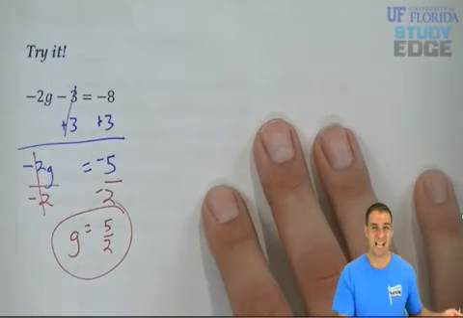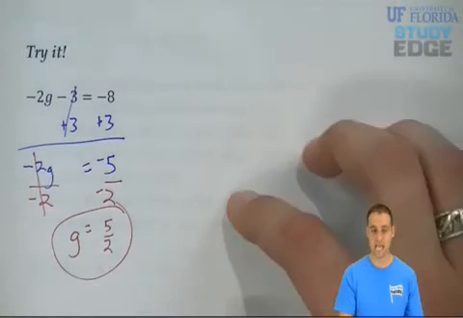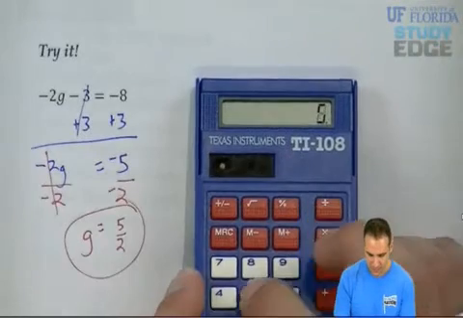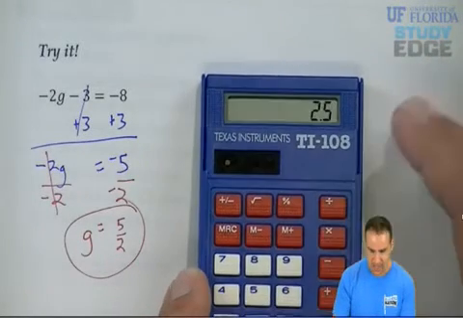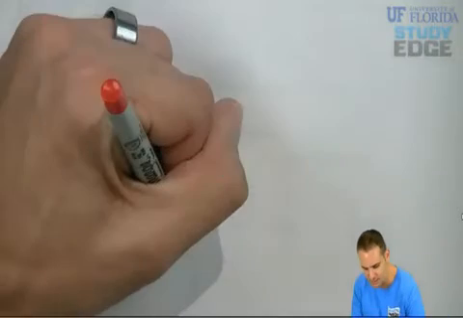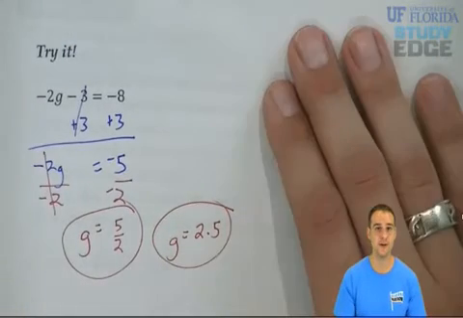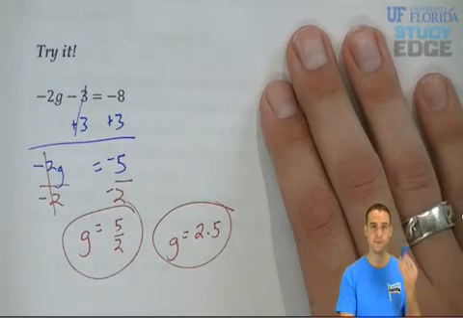But let's say the answer happens to be a decimal. How would you make that a decimal? Well, once again, I would just use a calculator. 5 divided by 2, and you get 2.5 instead. It's the same number, just written in decimal form. So in case you have a decimal instead of a fraction for the final answer, you can use that calculator to figure it out.